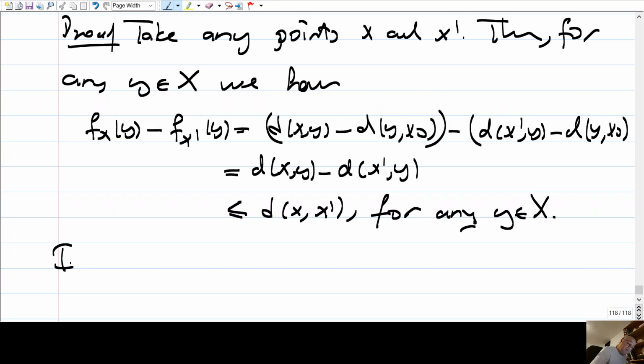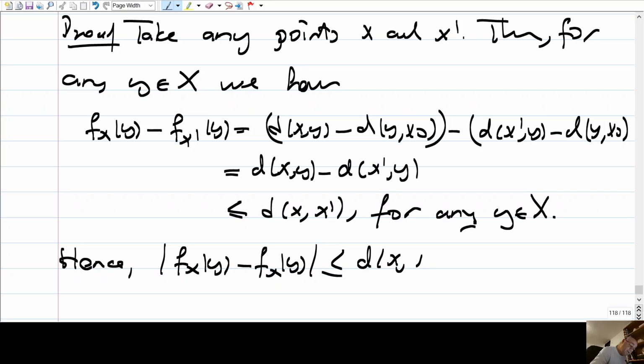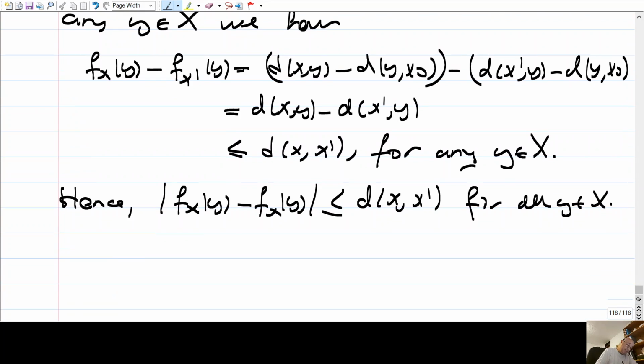Hence, this distance is less than d(x, x prime), for all y in x. Therefore, the supremum is less than this.